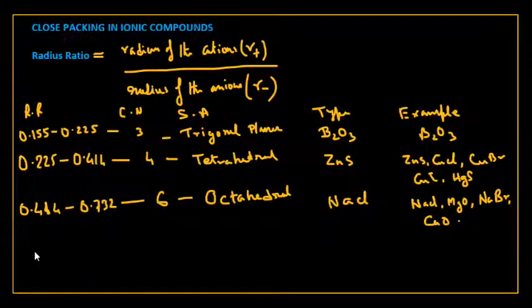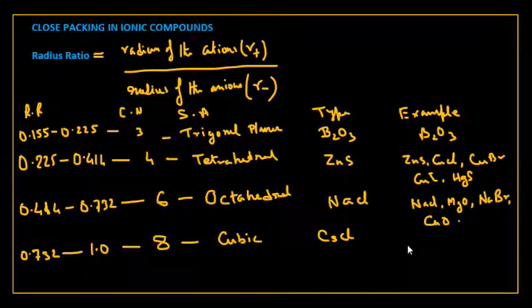Now the fourth and last type: if the radius ratio is in between 0.732 to 1, then the coordination number is 8 and the structural arrangement is cubic. The type is CsCl.